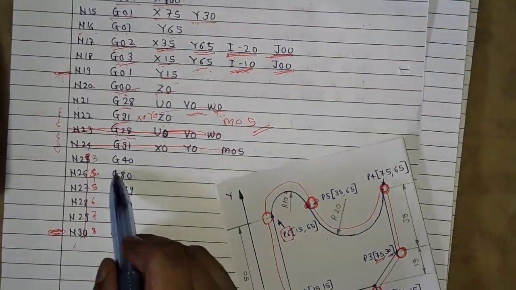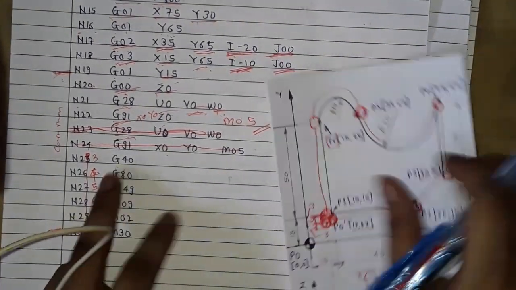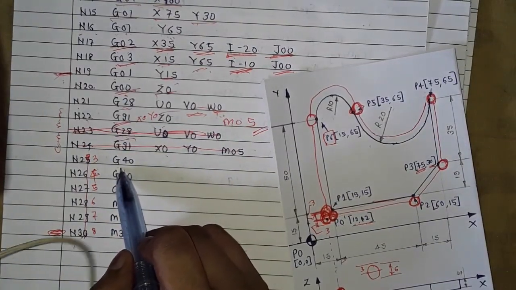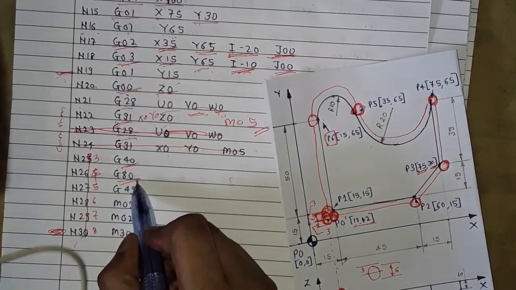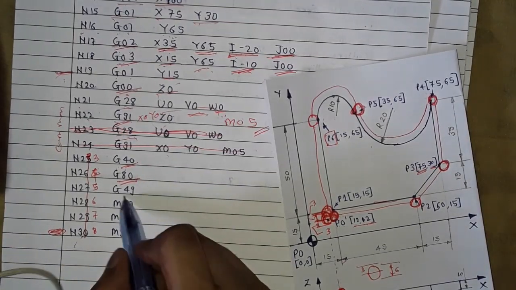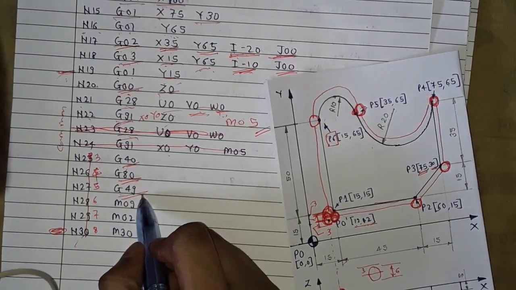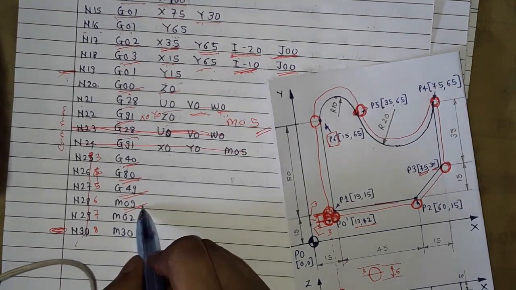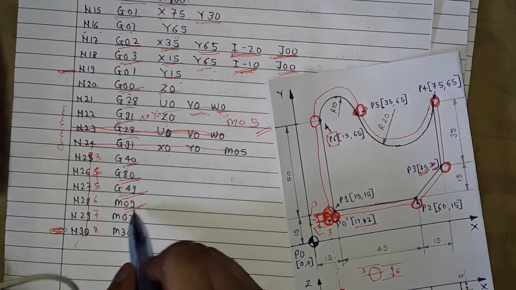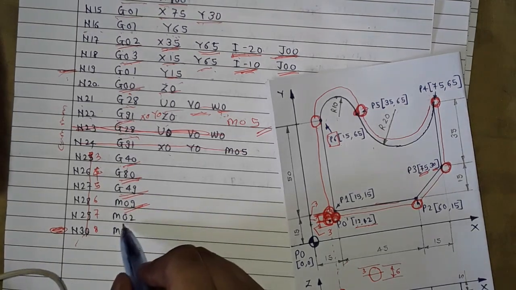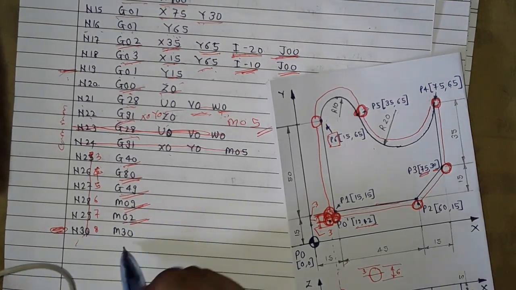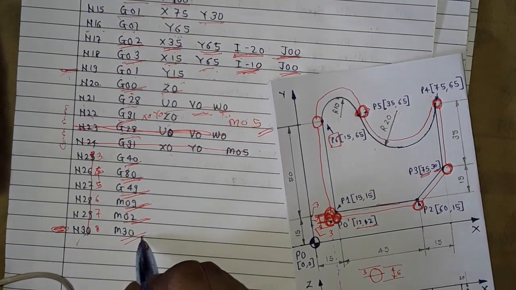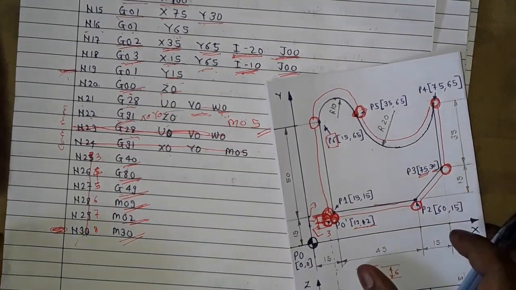So now G40 is for cancel cutter radius compensation, G80 is for cancel canned cycle, G49 is for tool length compensation off, and M09 is for coolant off, M02 is for program end, and M30 is for end of tape and rewind.